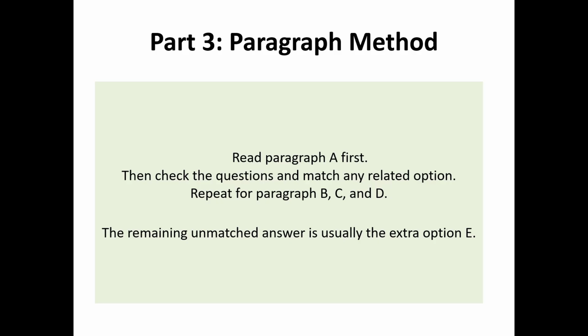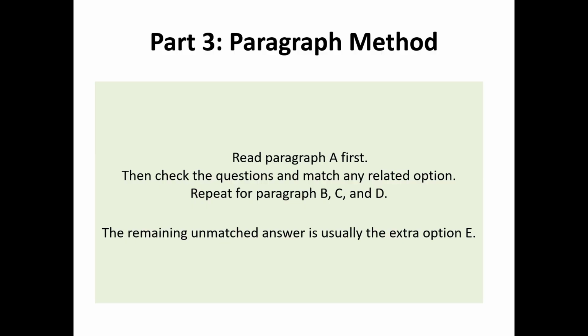For part 3, use a paragraph by paragraph method, same as the strategy you used for part 1. Read paragraph A first, understand the main idea, then check all the questions and see which option matches paragraph A. Then move to paragraph B and do the same thing.